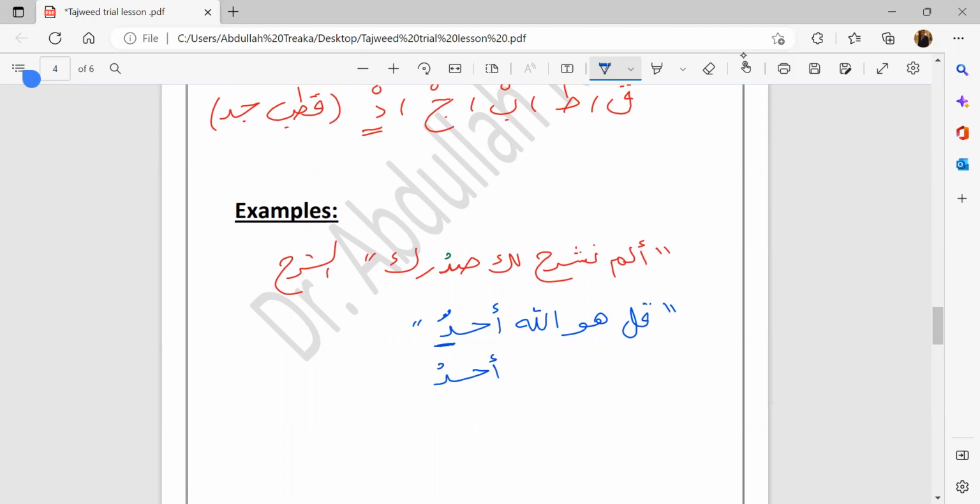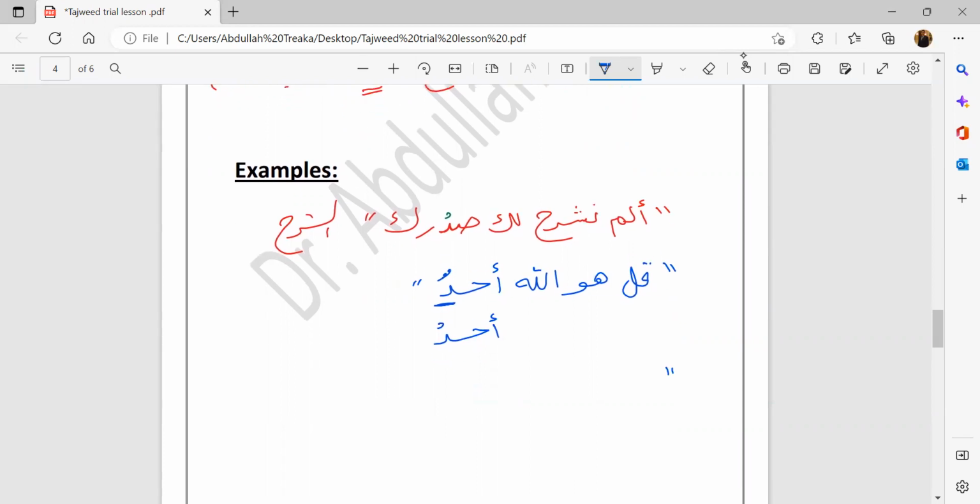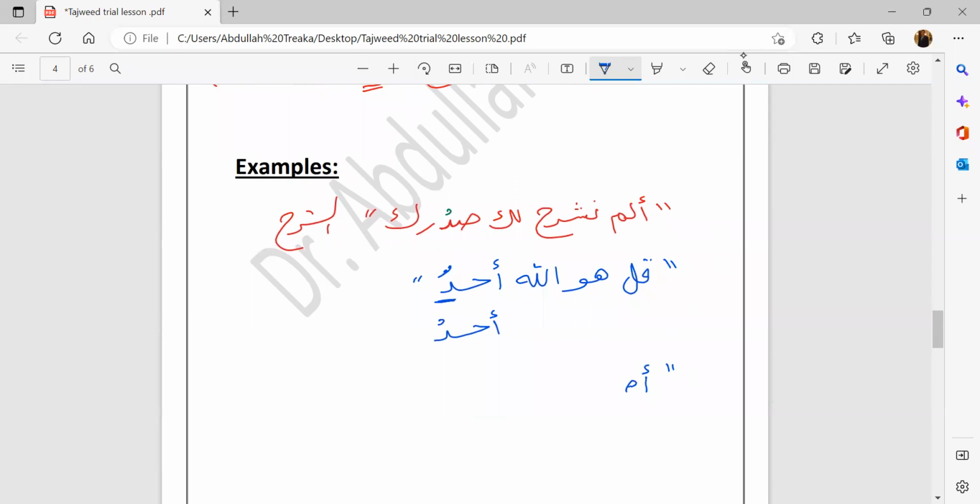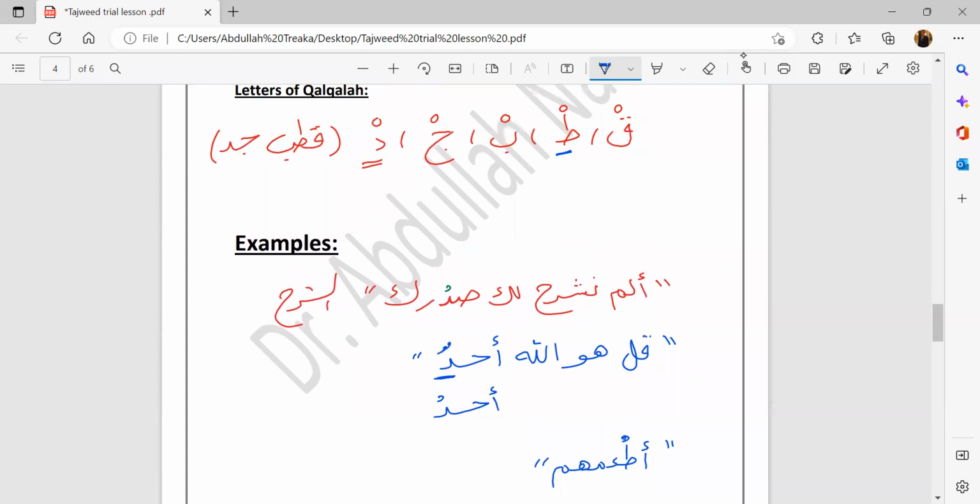Another example, on a different letter: أطعمهم. This is ta, and it has a sukoon on it. It is one of the qalqala letters.